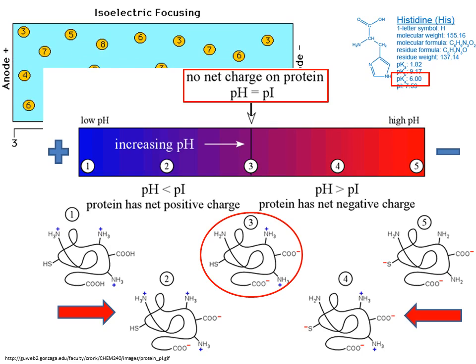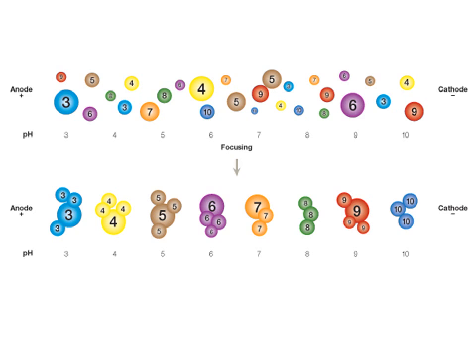All of the molecules of the same protein move through the tube and the pH gradient until they reach the pH at which they are neutral, and they accumulate at that point. The molecules of different proteins will have different isoelectric points depending on their amino acid sequence, and will move or focus to different places in the pH gradient over time.